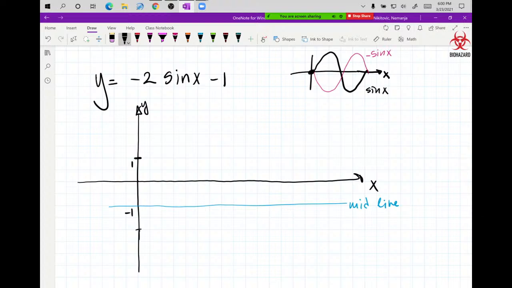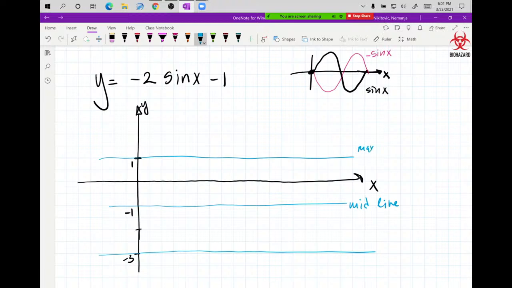When you count down, you have -2, you have your -3. So that's where the top and the bottom of this is. So now I have my max line, because the maximum will live on it, and I have my minimum line where the minimum is going to live on.